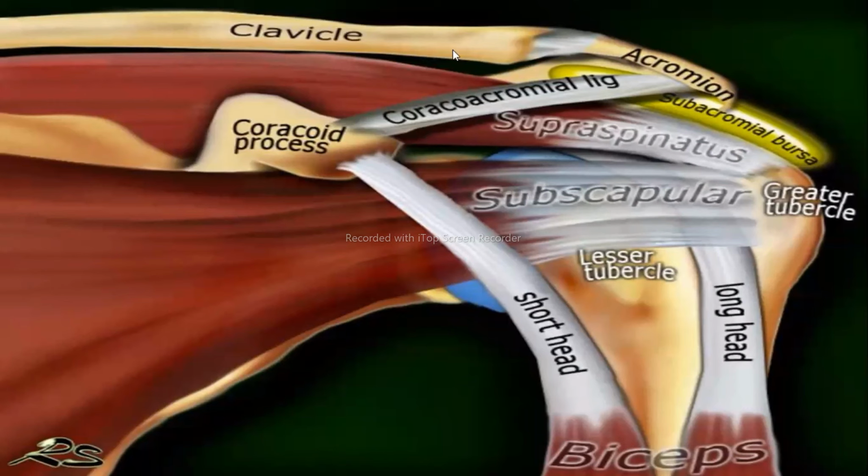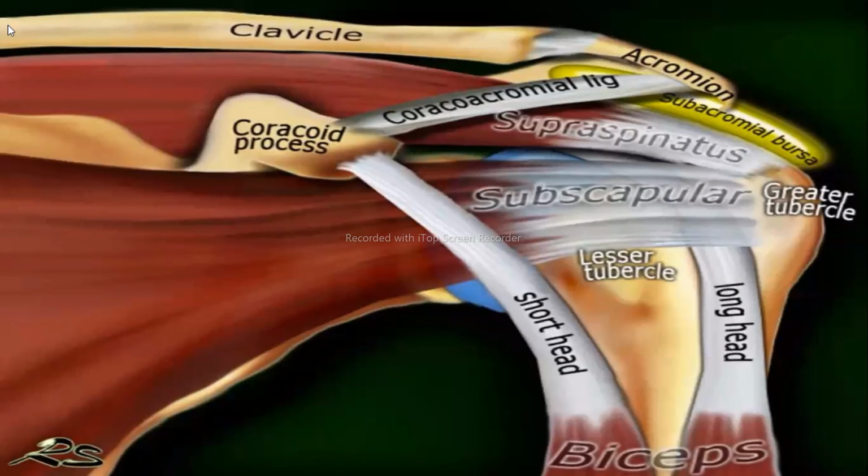What else? Grade 4 or grade 5. What about the clavicle? In place or displaced? Displaced. When you feel that by your hand, you will feel what? What is it called in palpation? Step deformity, right?